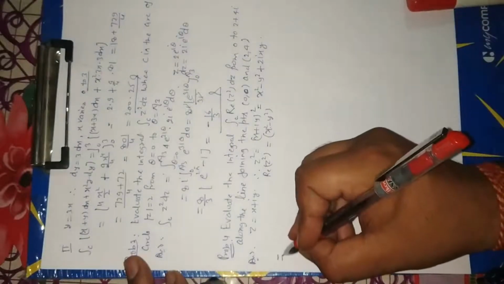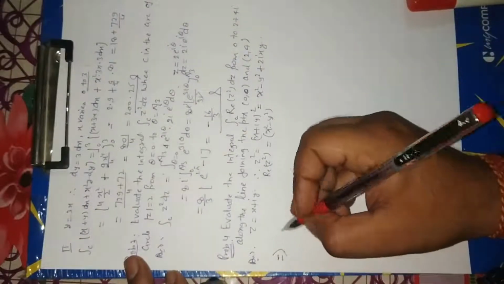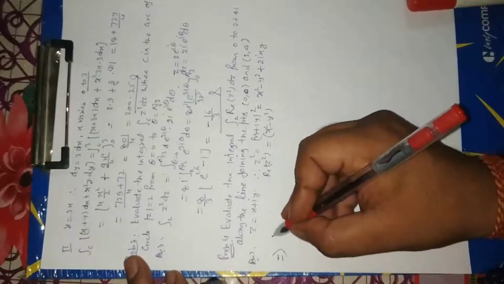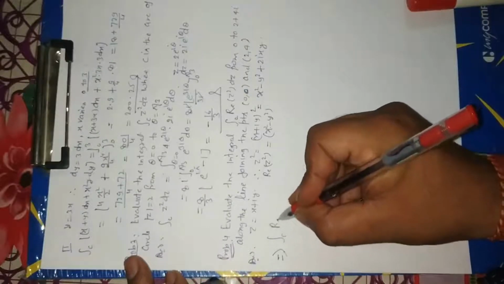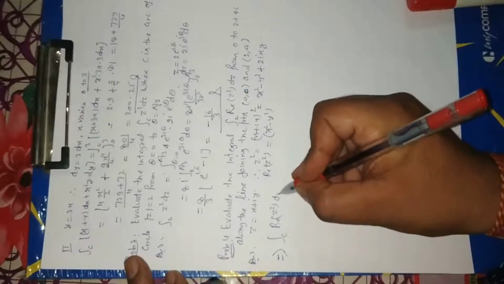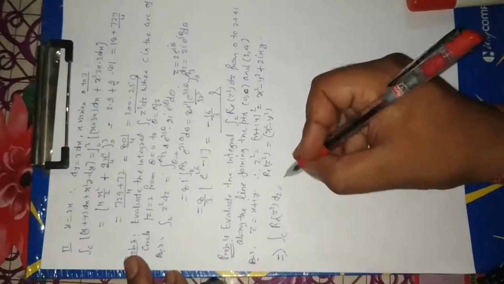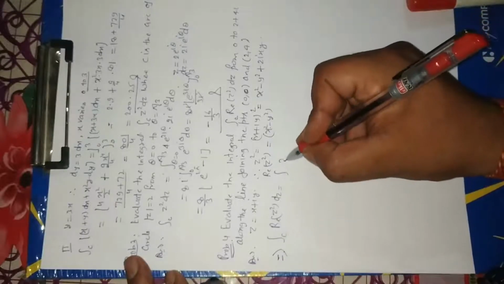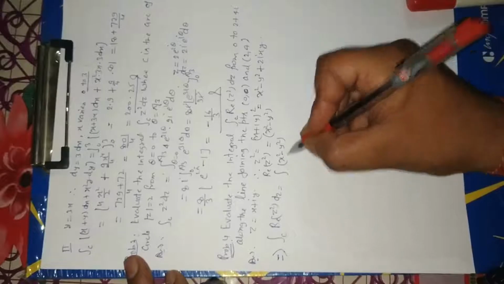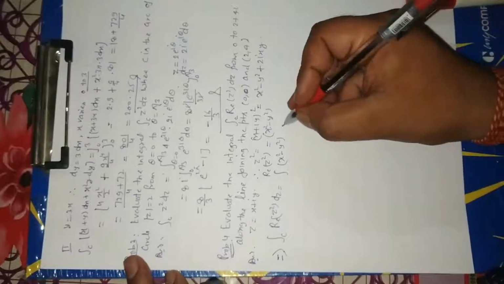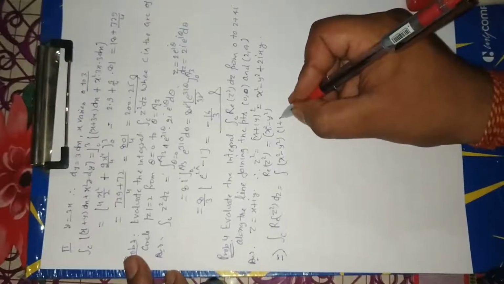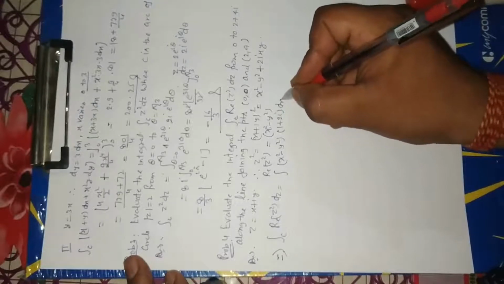Now integration over C of real z square dz is equal to integration of x square minus y square. Now dz is (1 plus 2y) dx.